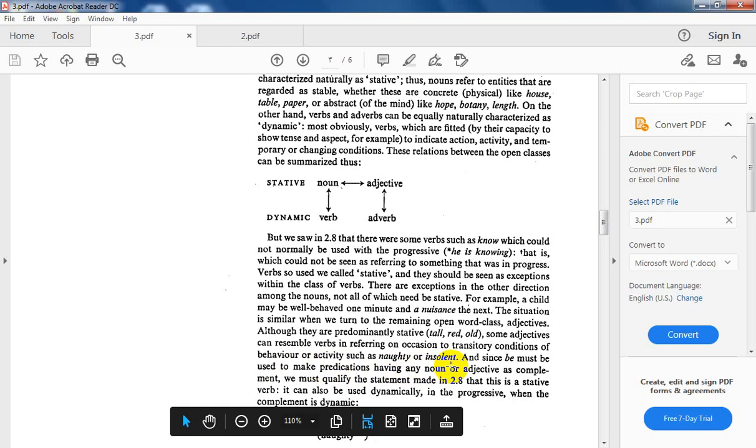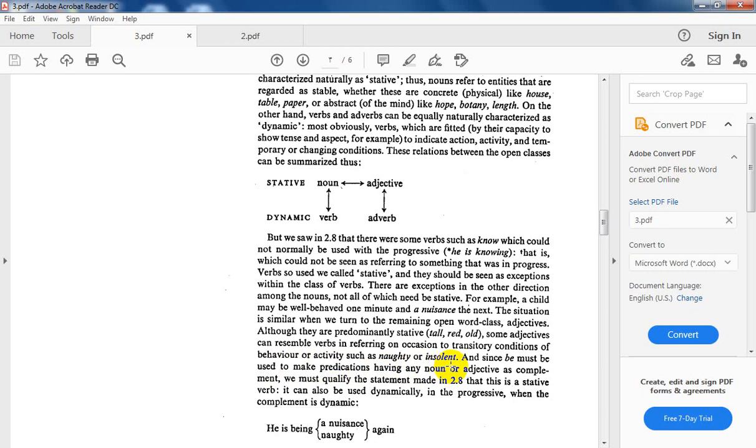And since be verbs must be used to make predication having any noun or adjective as complement, we must qualify the statements made that this is a stative verb. It can be used dynamically in the progressive when the complement is dynamic.